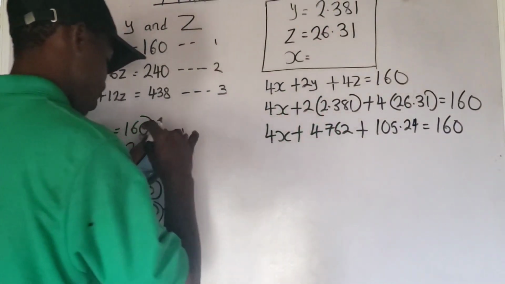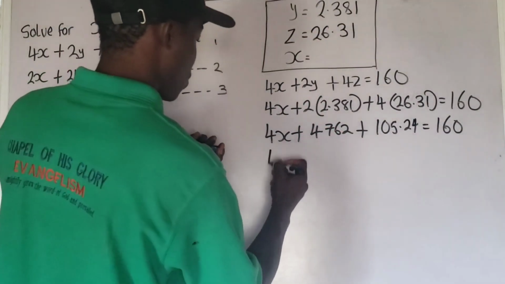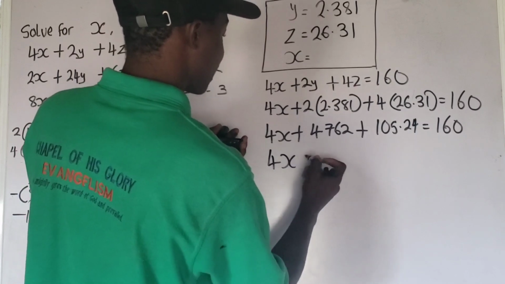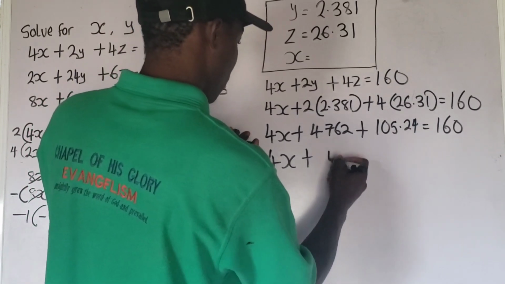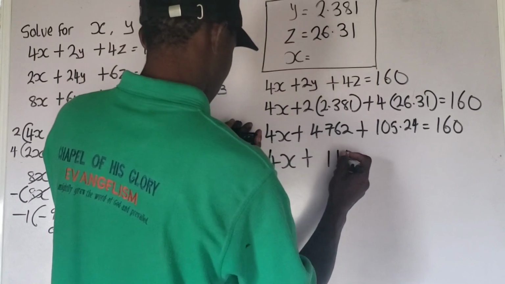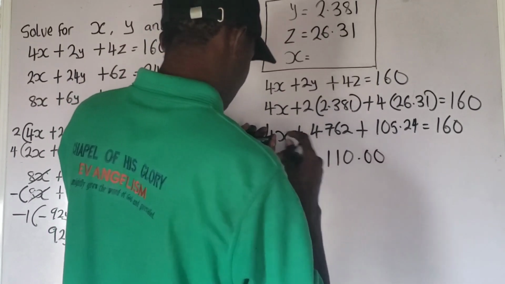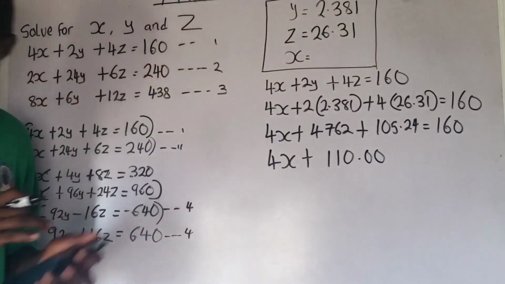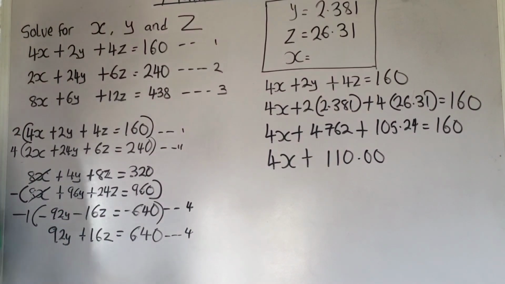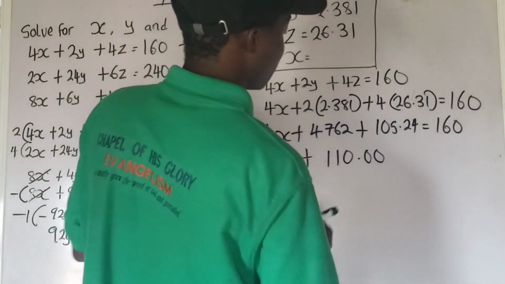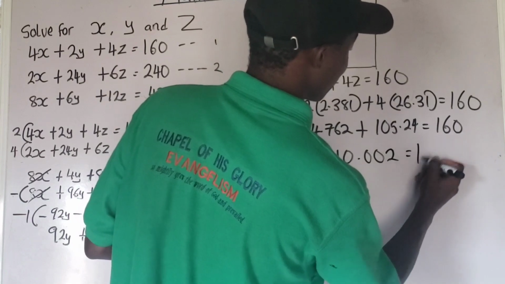Now, the next step is to collect like terms. This plus this will give us 110.002. Let me check the calculator. I think that is 110.002. So 110.002 is equal to 160.